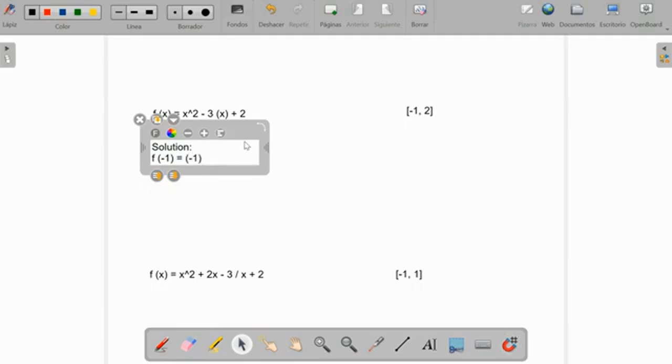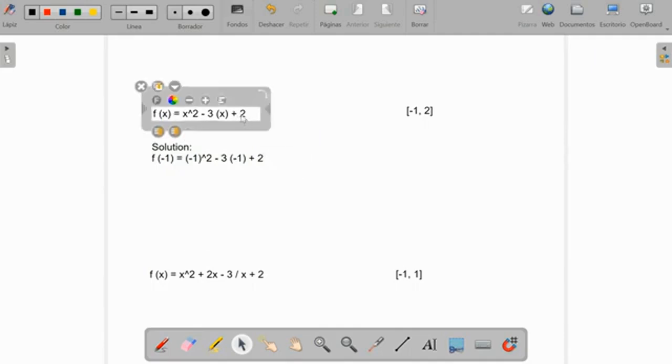minus 1 elevated by 2, minus 3 (minus 1), plus 2.